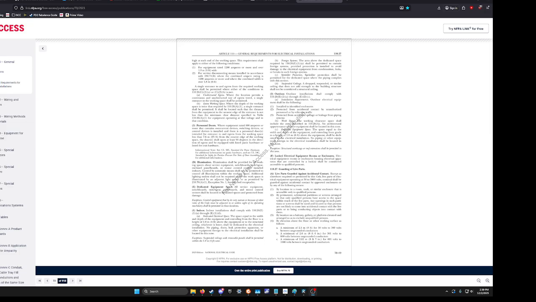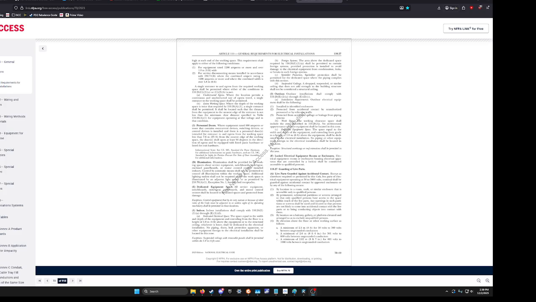Illumination. Illumination shall be provided for all working spaces about service equipment, switchboards, switchgear, panelboards, or motor control centers installed indoors. Control by automatic means shall not be permitted to control all illumination within the working space. What does that mean? You can have automatic sensor lights in a working area.